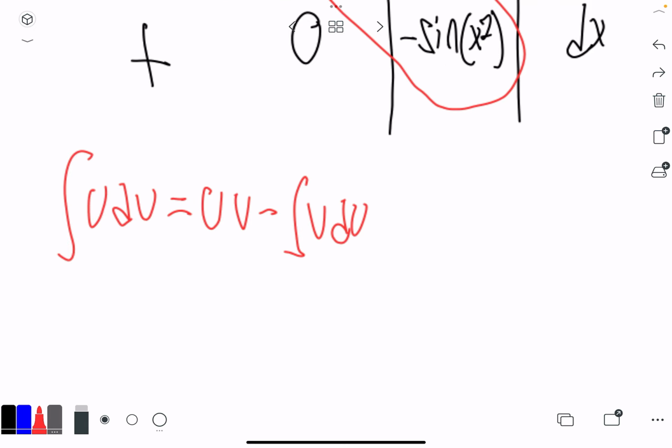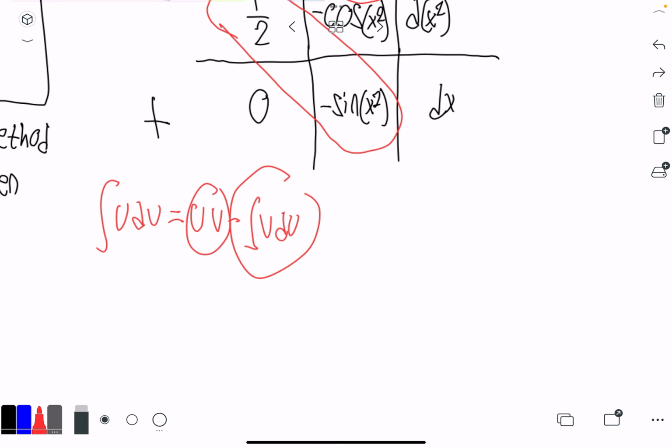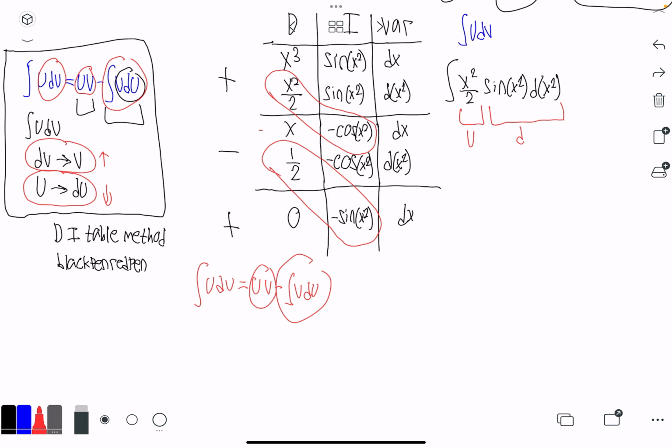So at each step you just take the uv, and then this is another question, which is why we write it below, like it's another integral, another problem. So like recursion, you have the initial problem and then you have the recurrence where you turn it into an easier to solve problem. In each step here the problem gets easier and easier, right?